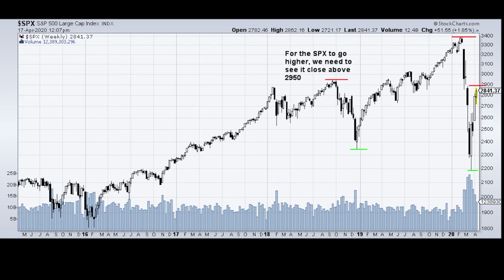The key is, if this market is going to potentially go higher based on technical analysis, we need to punch through that 2950, which then becomes support, and we would most likely retest it, and if that test holds up, it would go higher from there.